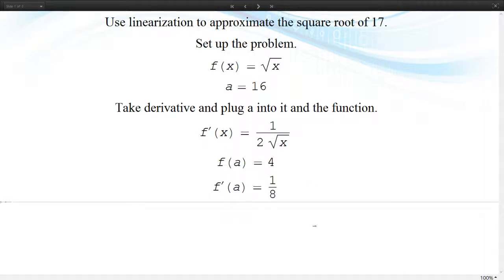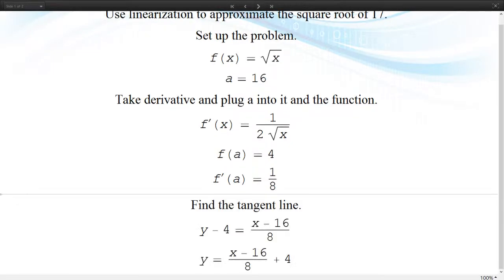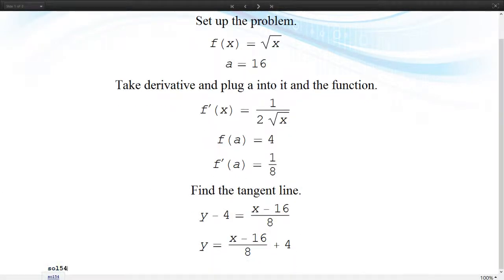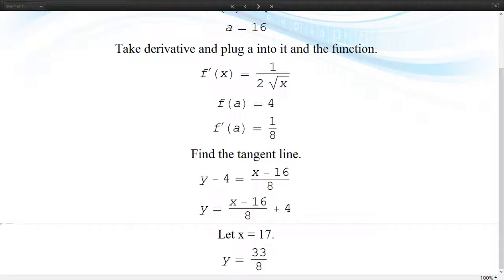From here, we're going to find the tangent line. I'm using point-slope form and then converting it into slope-intercept form. So I have y minus 4 equals 1 over 8 times x minus 16. I solve for y. I have this. I plug in 17 because I want the square root of 17. And I get out y equals 33/8.